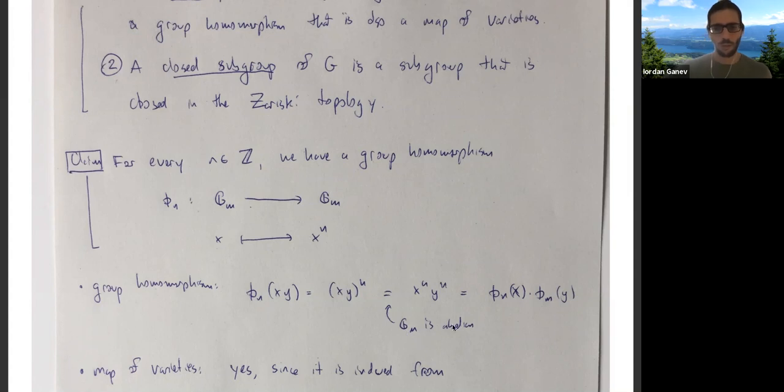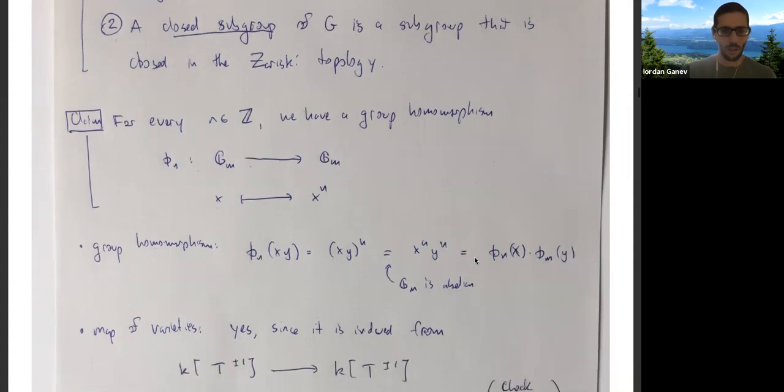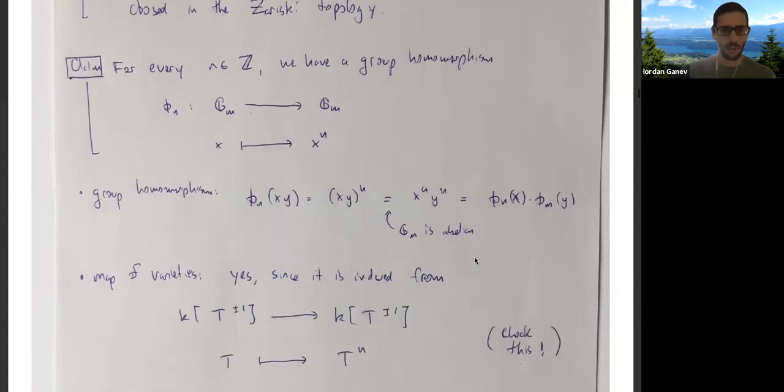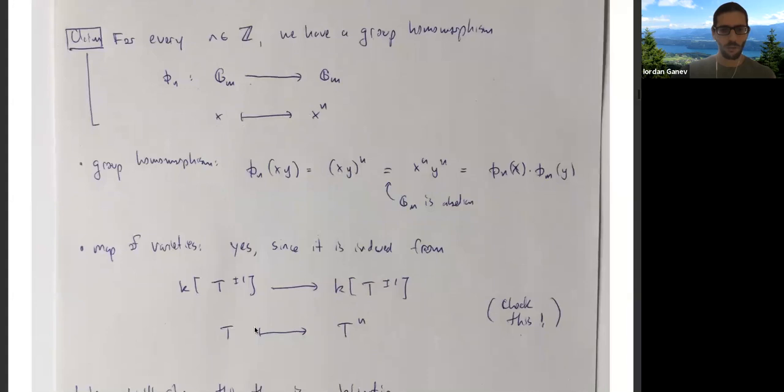We note that G_m is abelian, so the product to a power is the product of the powers, and that's all we need. And it's also a map of varieties, and this is because it's induced from the following algebra homomorphism. If you're not convinced, then you can go through and check that this is what induces the map from G_m to G_m.